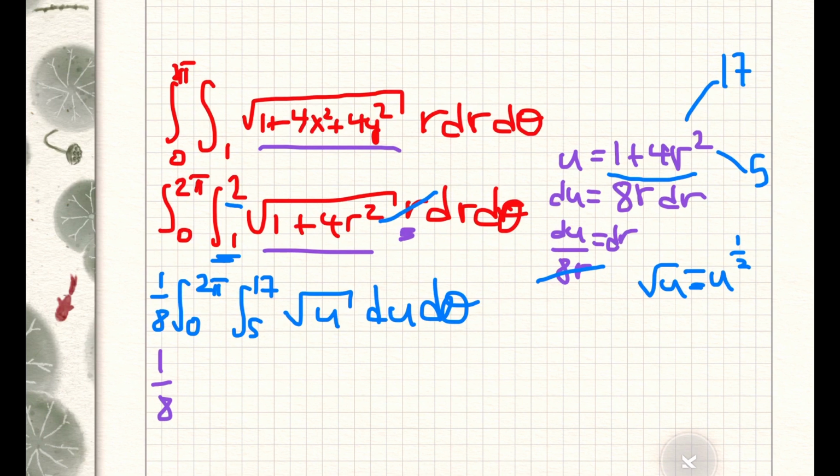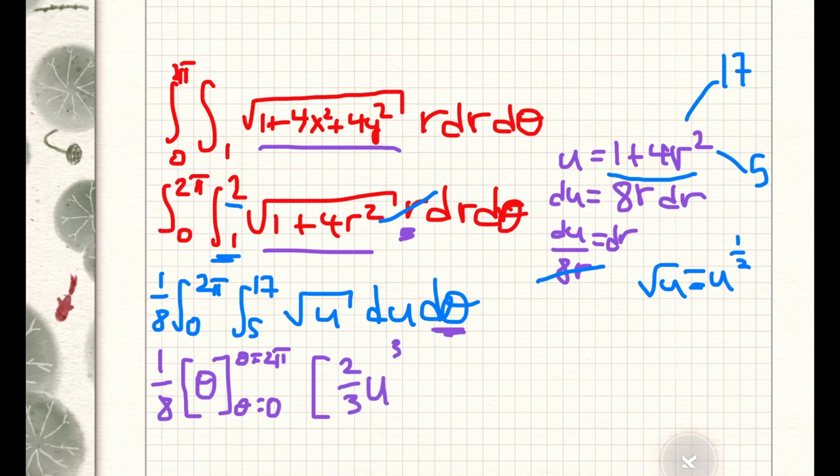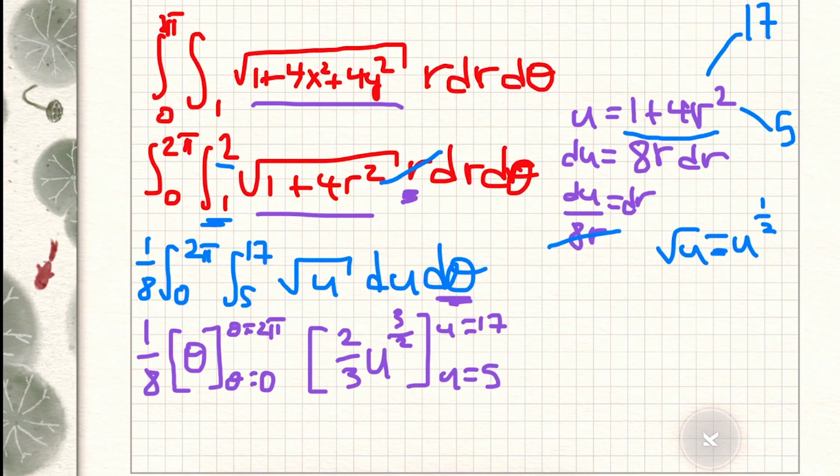Therefore, it's just like integrating theta from 0 to 2 pi, and we're integrating this separately, where we end up with 2/3 u to the 3/2, and we are plugging in u, so we get 1/8 times 2 pi.